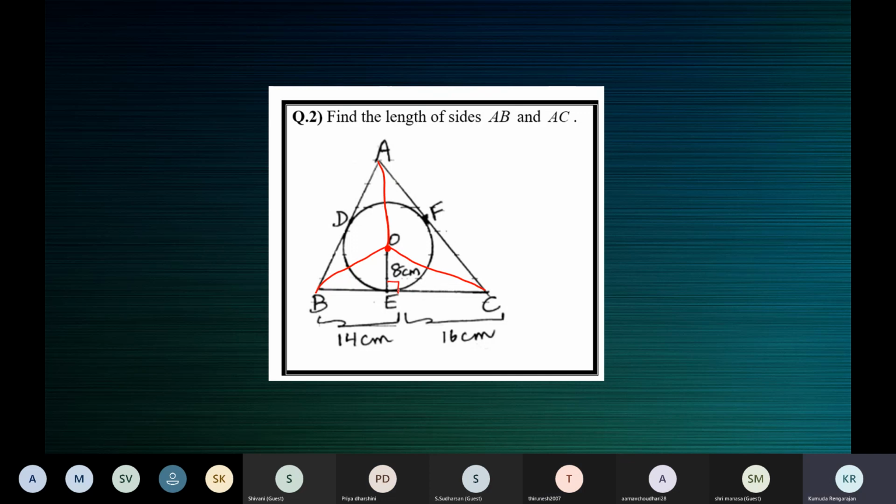So by the theorem, OE is perpendicular to BC. It's not given, but OE is perpendicular to BC because E is the point of contact and EO is the radius drawn through the point of contact. The radius and the tangent are perpendicular to each other. So 90. So for this triangle OBC, we have the altitude OE.